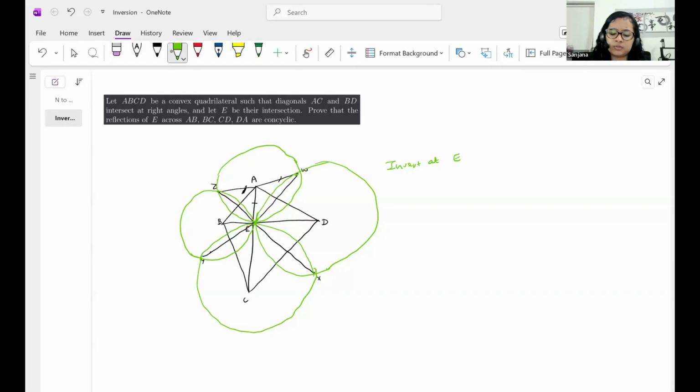Power of a point with respect to E. We don't know that ZEX and WEY are collinear. It will go to some other two circles. Wait, but it will go to a line, because these circles will go to lines. But what kind of lines?